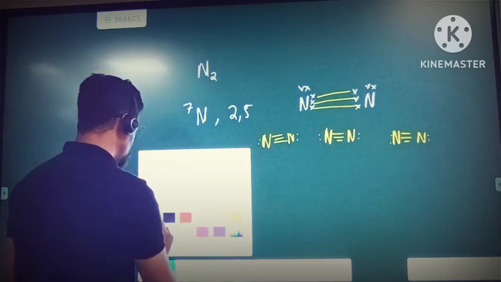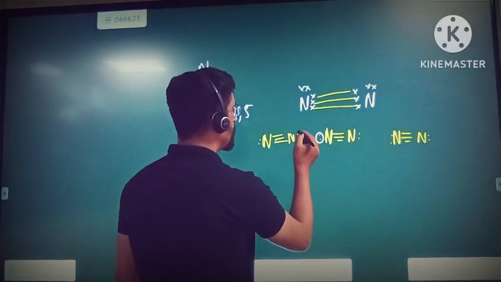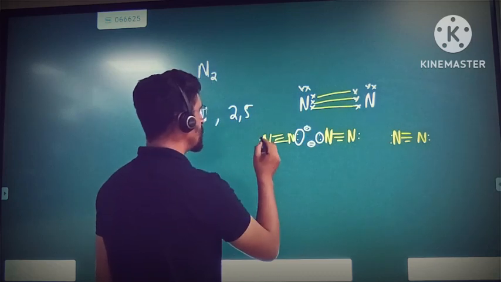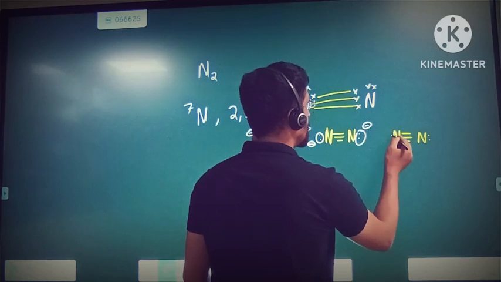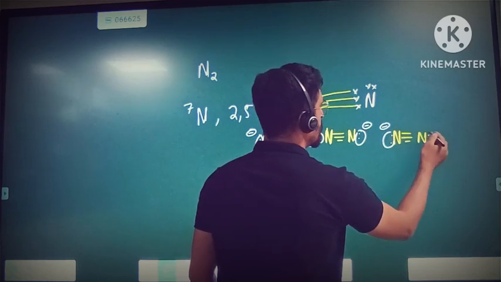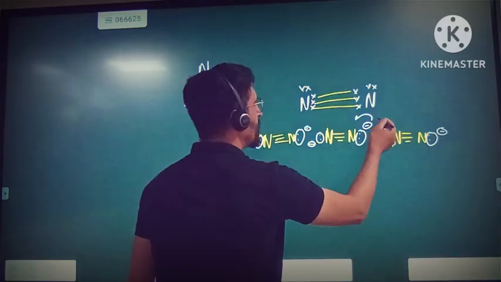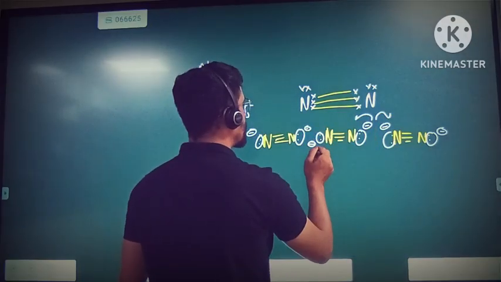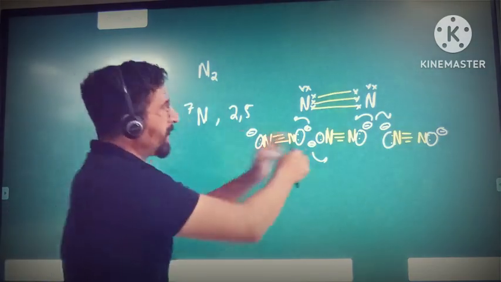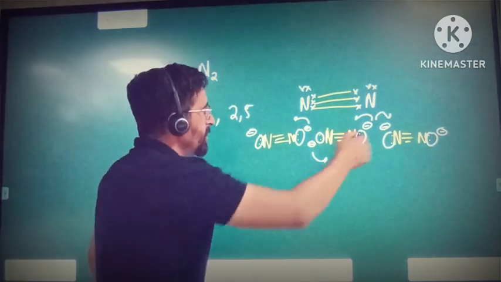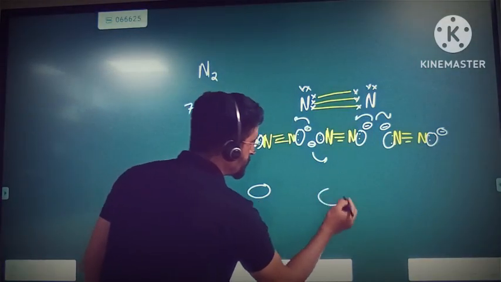So again, what is the case here? These are negatively charged, and again, like charges will repel each other. So when they repel each other, the distance between two molecules is very large.